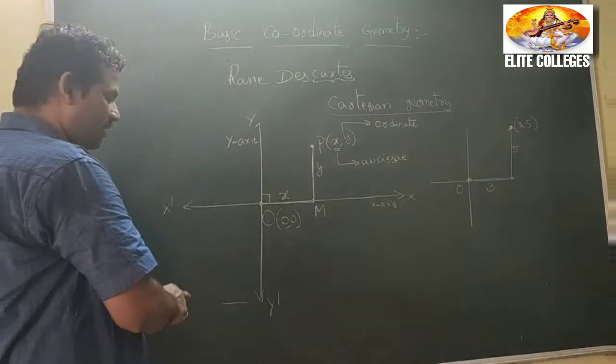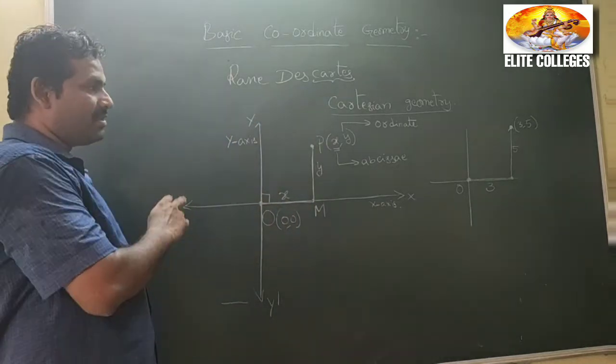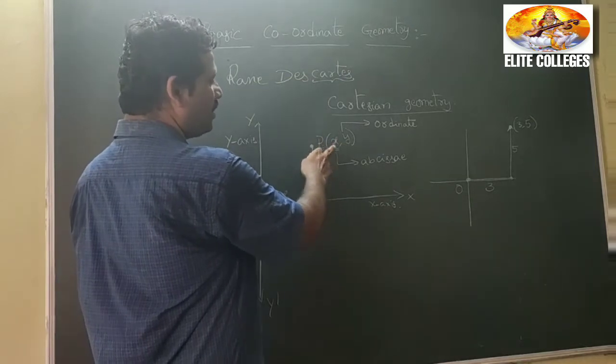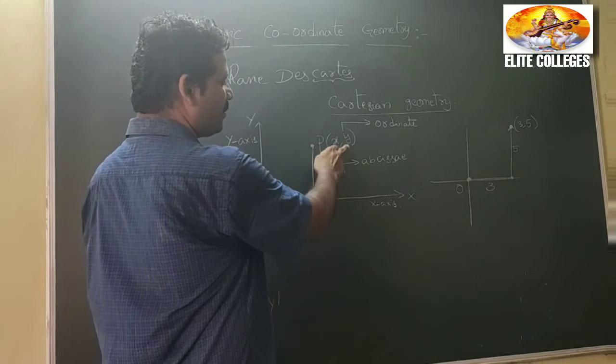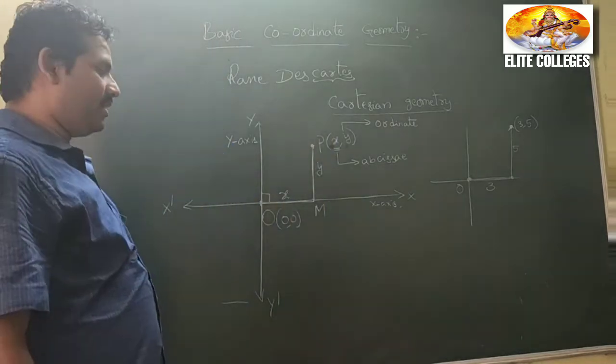This is called the two-dimensional plane, or xy plane, or Cartesian plane. This x is the abscissa, and this y is the ordinate.